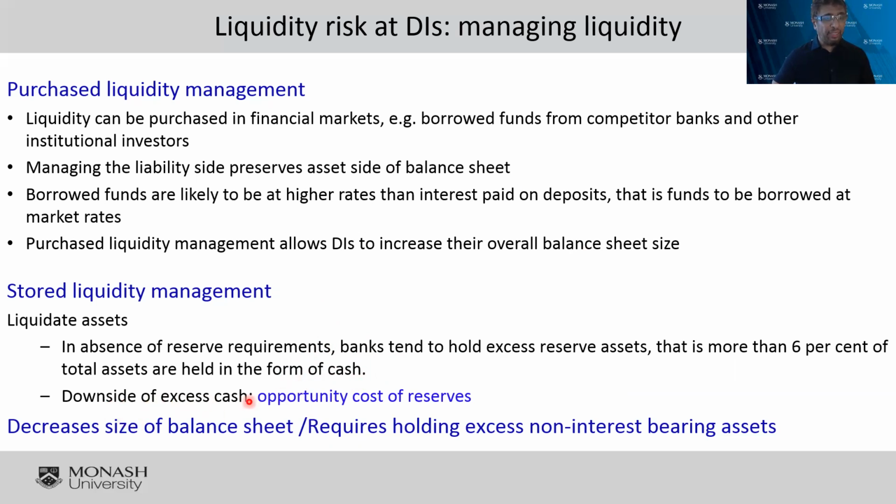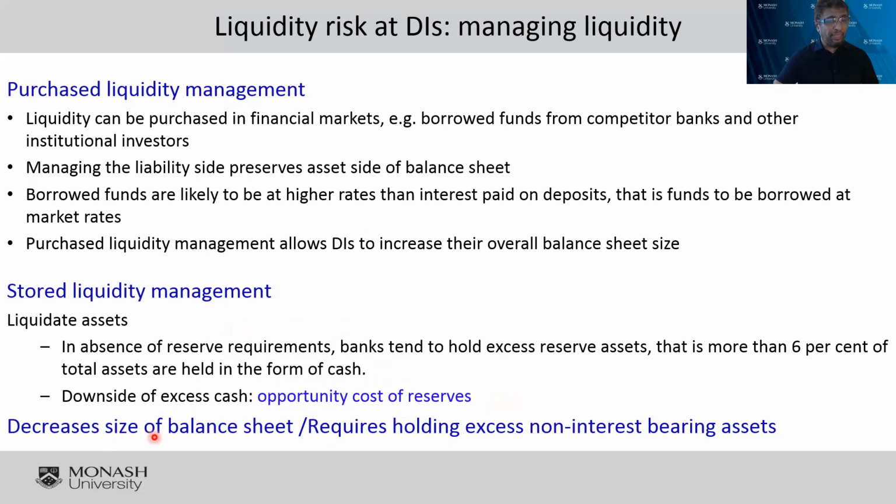The downside of excess cash is that you can have too much cash and cash assets like securities, but of course you will miss investing in long-term assets that will give you higher return, because those cash and cash assets give very, very low returns.